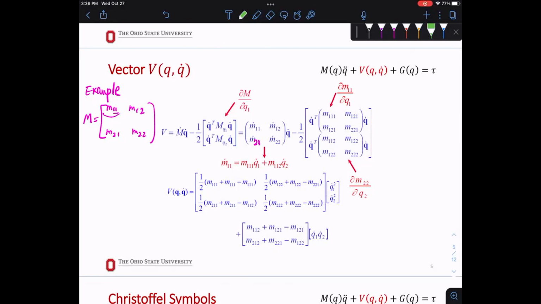Now for M11 with respect to Q1, if I want to find M dot 11, I'm going to write M111, which is partial of M11 with respect to Q1, times Q dot 1, plus M112, partial of M11 with respect to Q2, times Q dot 2.